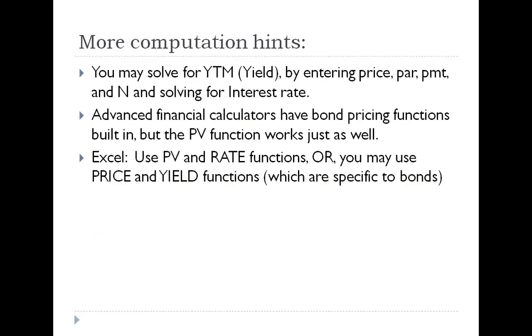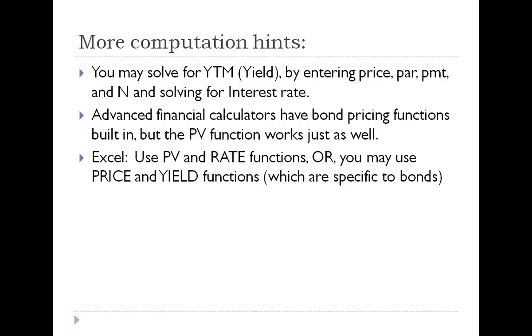If you need to solve for the bond's yield, put everything in and just solve for interest rate. You can use the rate function in Excel to do that. You could use the interest function in a calculator to do that. Some financial calculators have specific functions built in to solve bond-related calculations.